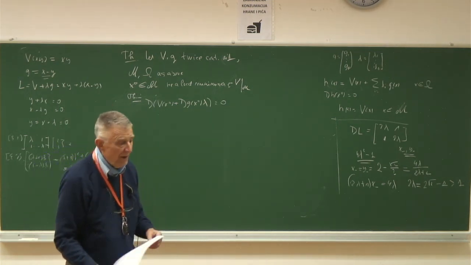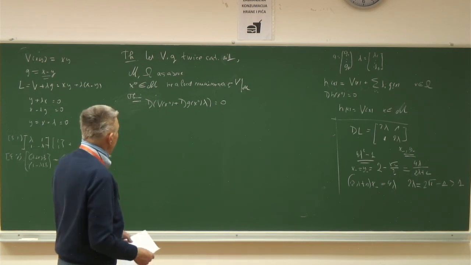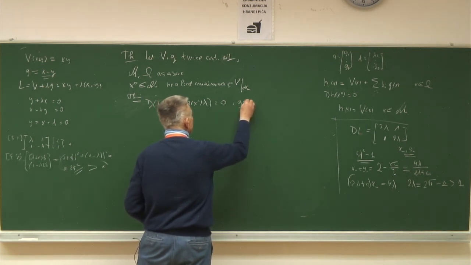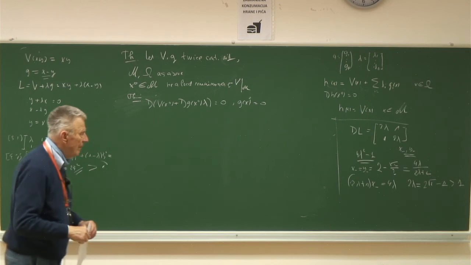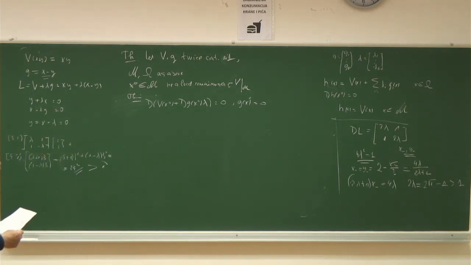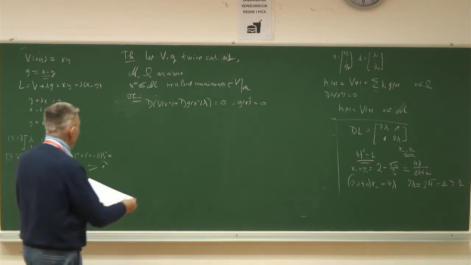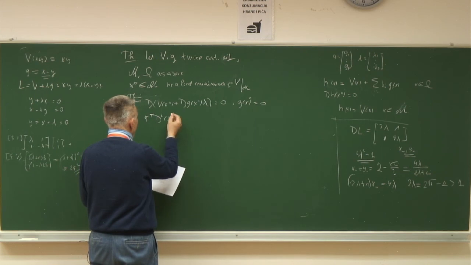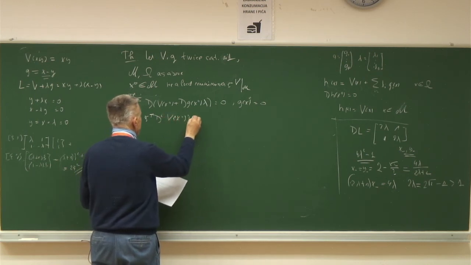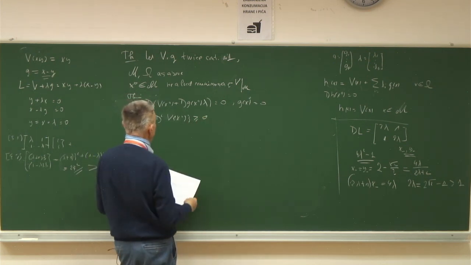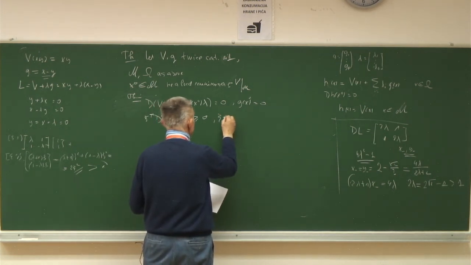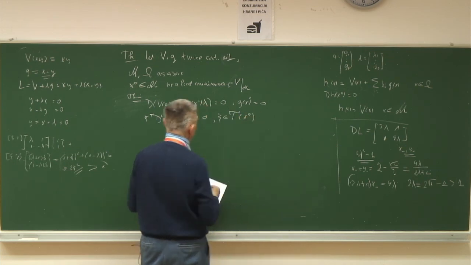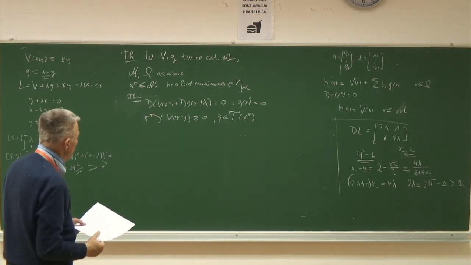That means there is an x0 and there is a λ such that this is solved together with the constraint. Moreover, ψᵀ d²V(x0) ψ is greater or equal than 0 for ψ from the tangent space of the manifold, of course, taken at x0.